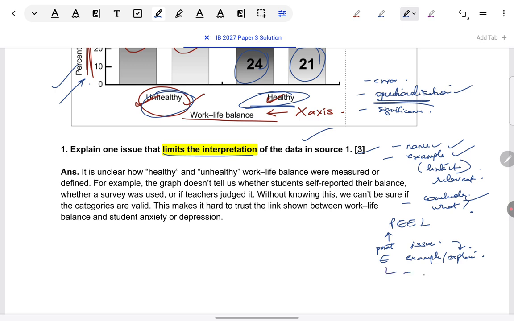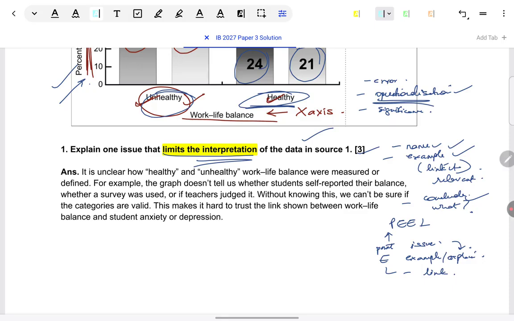And L: link, where we conclude by saying that since this is the issue, this is the problem we are facing in interpretation. The question is about interpretation, so after writing everything we come back to the question: given these issues, this is why we will not be able to interpret the data correctly. Now let's look at the model answer to see exactly how it can be put down in words.